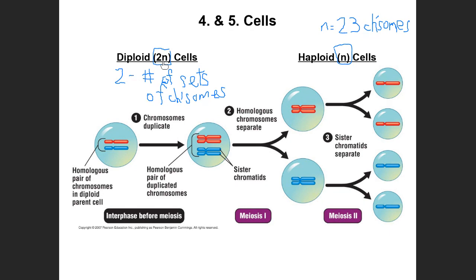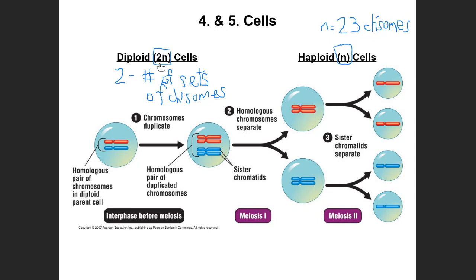I need to figure out if y'all are awake, if I'm making any sense. So if the N represents 23 for a human haploid cell, then for a human diploid cell, knowing that the number 2 represents the number of sets of chromosomes, it's 46. 46 total.